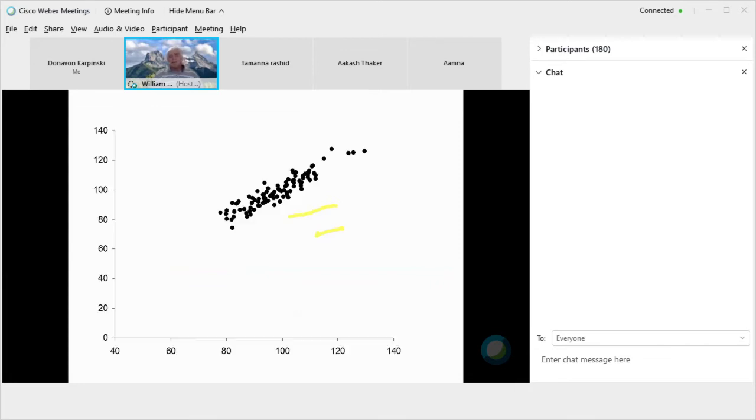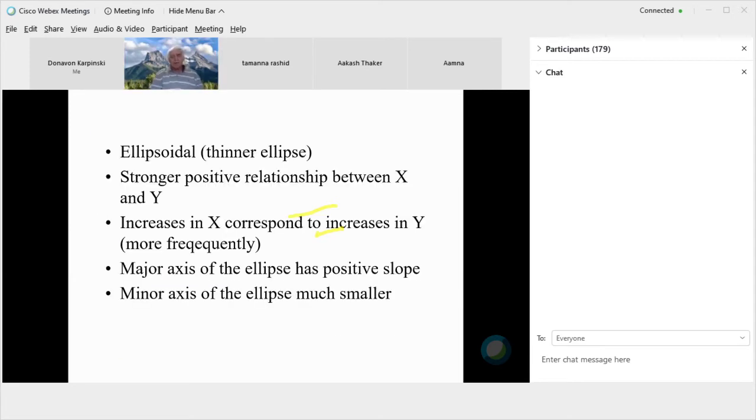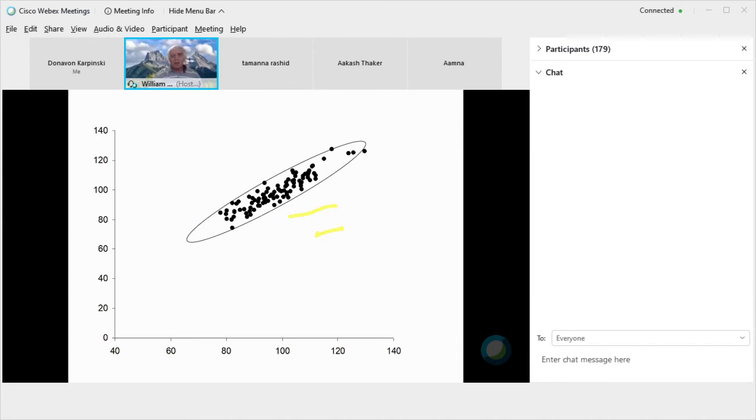This is, again, contained within an ellipse, but the ellipse is much thinner. A stronger positive relationship between x and y. Increases in the value of x most of the time result in increases in the value of y.